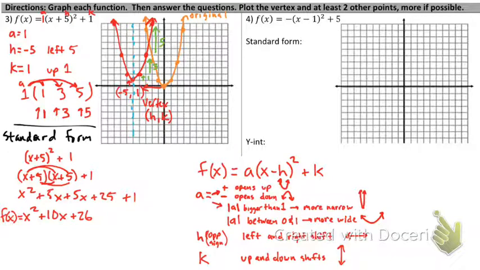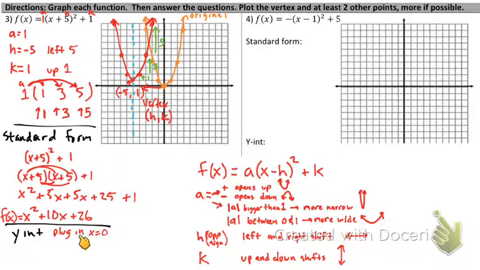Okay? Last thing they asked us to do is find the y-intercept. Okay, so this should not be new. We did this last time. How do I find the y-intercept? If you recall, the thing we're going to do is plug in x equal to 0 in standard form.